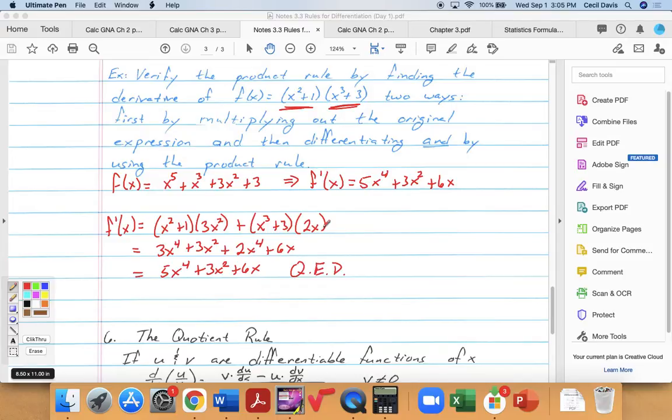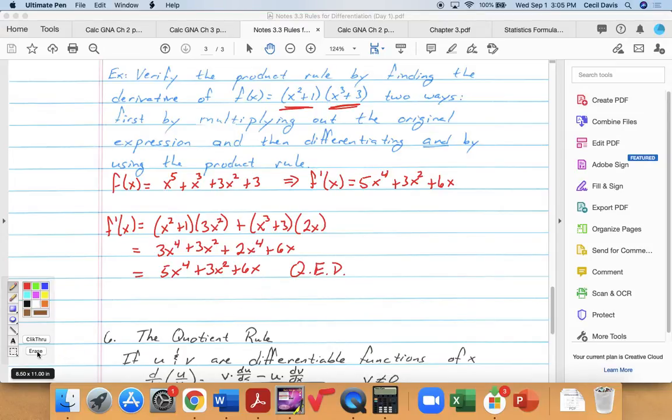Now, we're going to get to some where it's like sine times 4x cubed, and you can't do that. You have to use the product rule. Okay? But if you can simplify an expression before you take the derivative, do it. Okay? That's kind of a big deal. Students frequently make life way harder on themselves by not simplifying first.